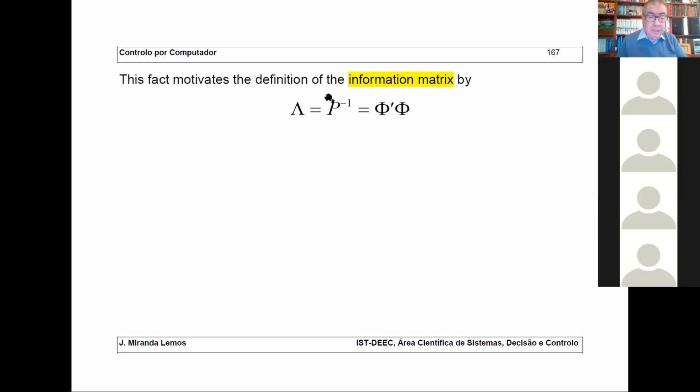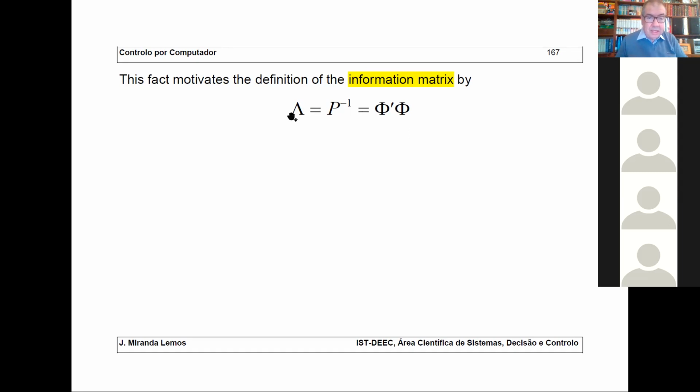So if I have a large P, I have a large error, and I have little information about my parameters. If my error covariance matrix is small, then the inverse of a small number is a large number. Actually, these are matrices, but okay. And then I have a lot of information. My information matrix is large.